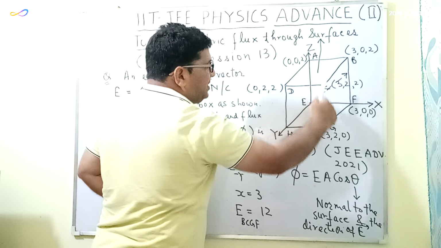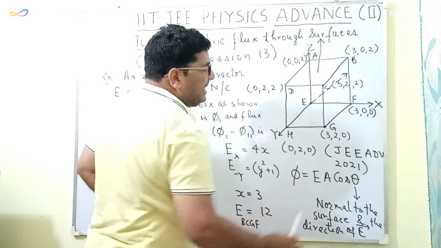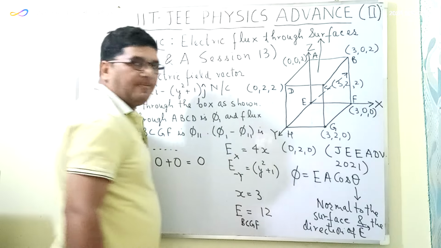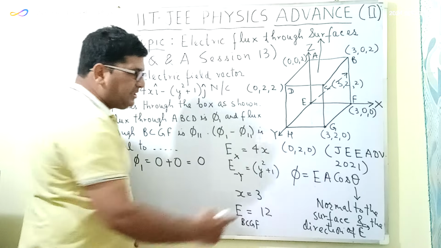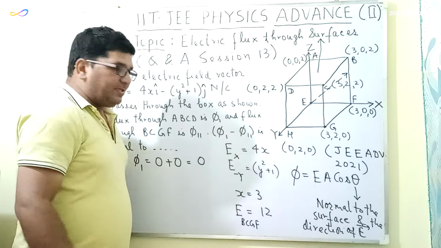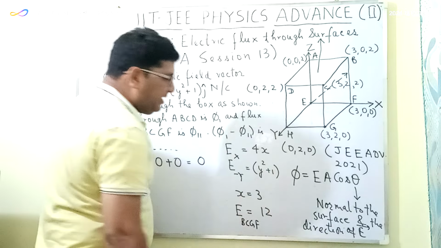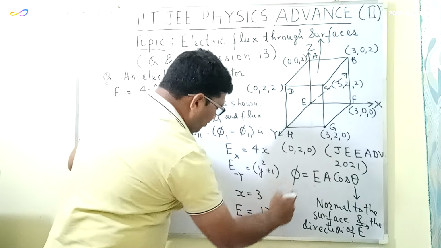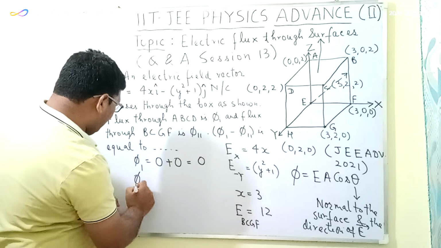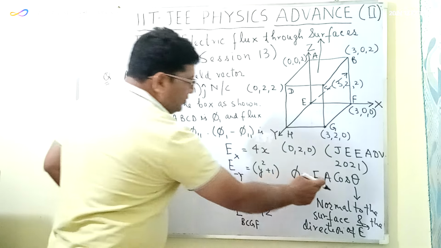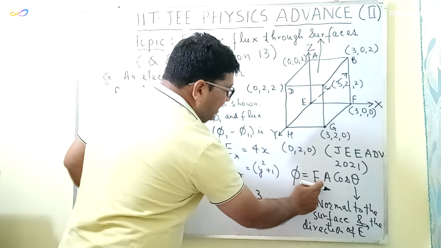That is, the normal to BCGF and the direction of the electric field along the x-axis are parallel to each other, or we can say that theta is equal to 0. So when theta is equal to 0, then flux will be simply equal to E into A.